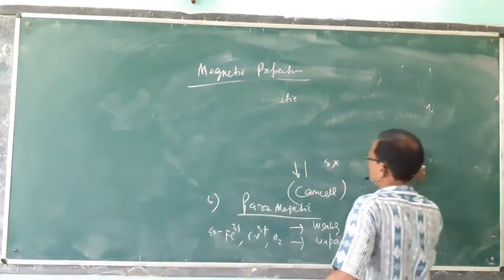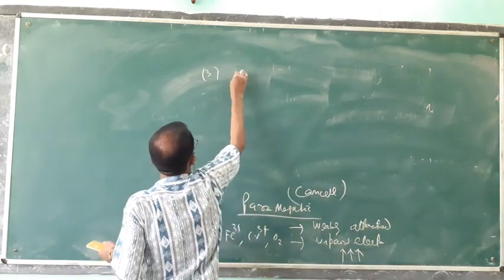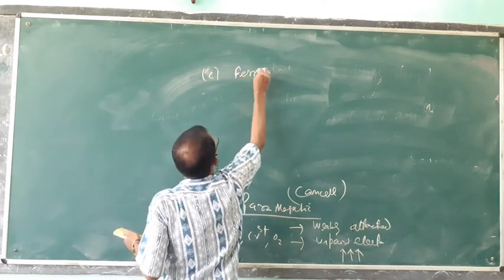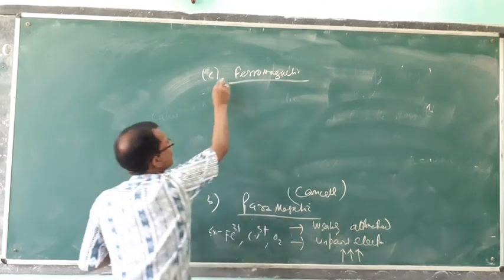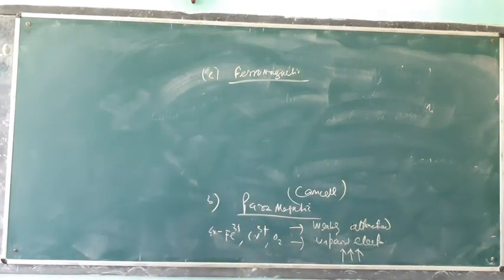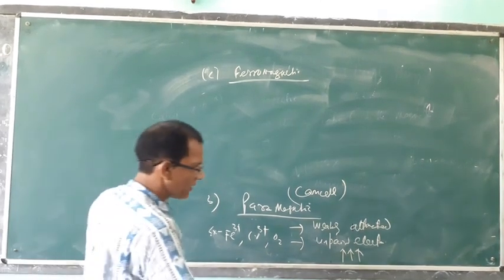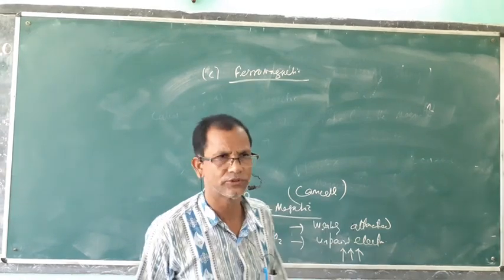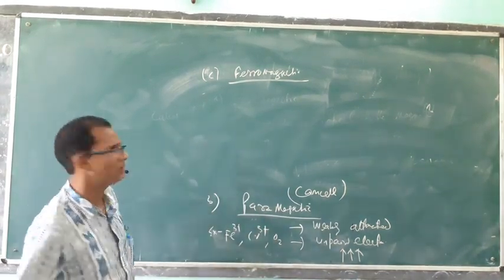Third one is ferromagnetic substance. Generally, when the crystal is produced by the combination of atoms or molecules, each atom or molecule is considered as a domain.